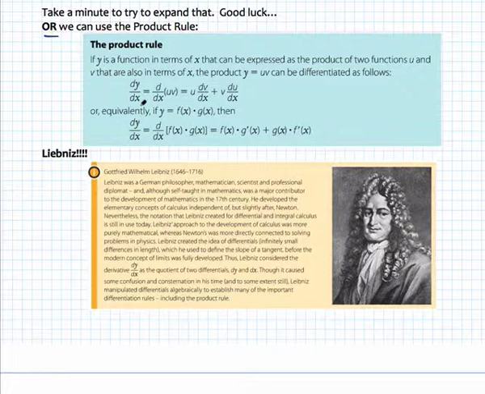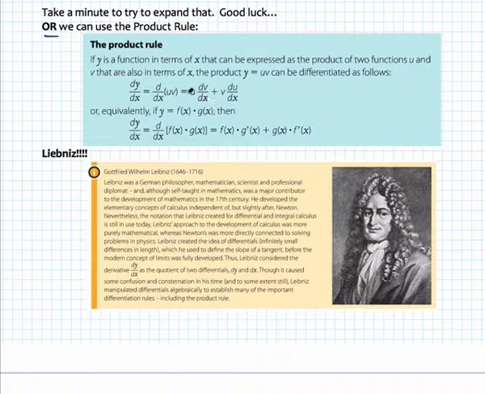So if y is a function in terms of x that can be expressed as the product of two functions, we're going to call them u and v for our notation here. So anytime you see a function that looks like just two functions that we can differentiate being multiplied together, we can rewrite it as really the derivative of u times v, the two functions.